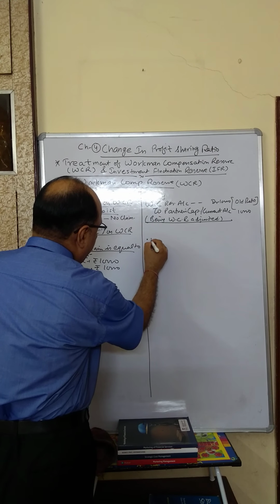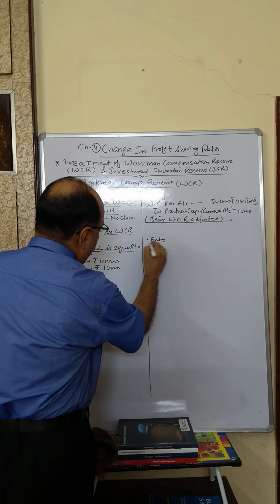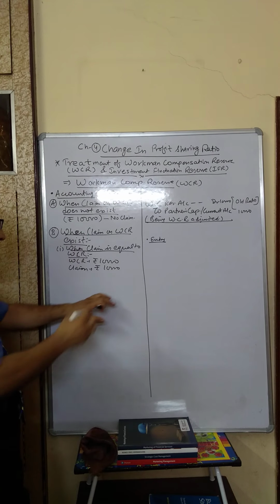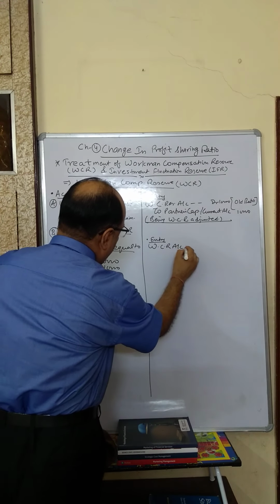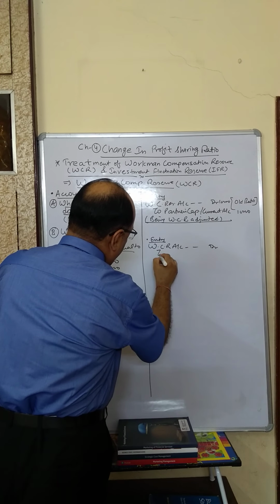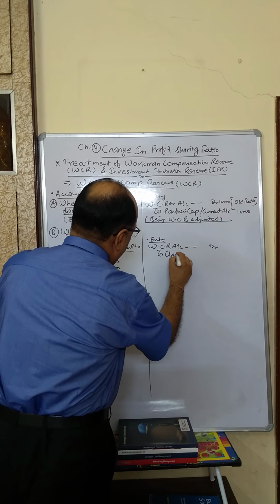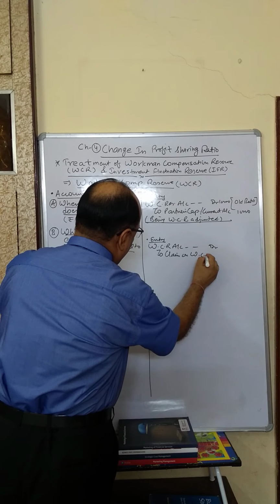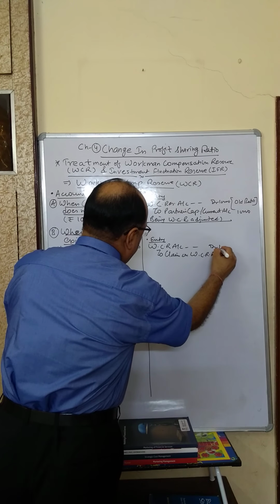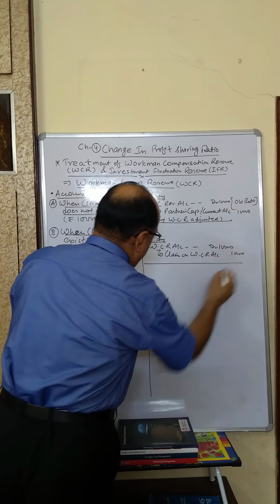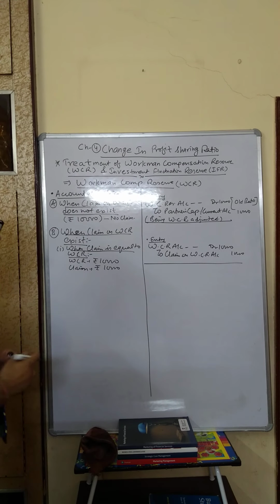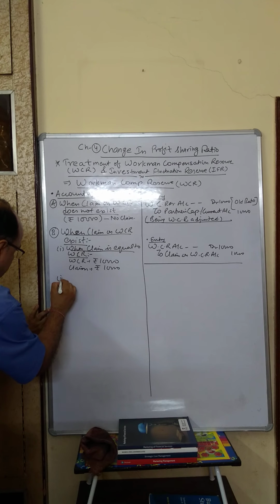The entry will be WCR account debit to claim on WCR account 10,000. 10,000 debit, 10,000 credit.